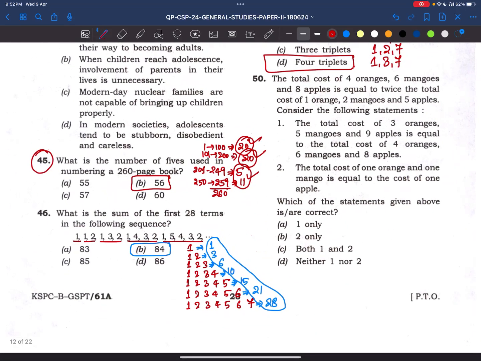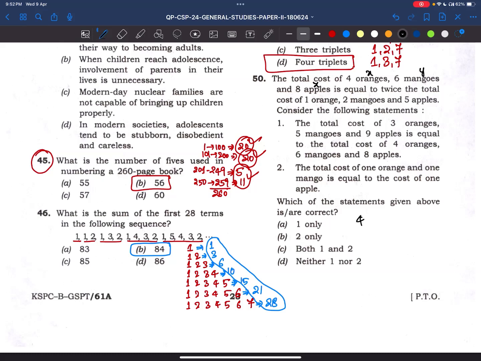Let's go to the next question. Total cost of 4 oranges, 6 mangoes and 8 apples is equal to twice the cost of 1 orange, 2 mangoes and 5 apples. What is it telling? Let's take orange is equal to x, mangoes y and apples as z.